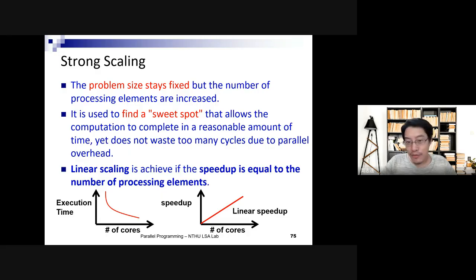For example, if you run a small problem on a powerful supercomputer with 1,000 or 10,000 nodes, you can finish it in 10 milliseconds. That is very small, and it can easily be affected by other constant overhead or something not related to your program at all. Those are noise. So it becomes hard to validate or know the accuracy of your results. So sometimes we don't want the program to run too fast as well.